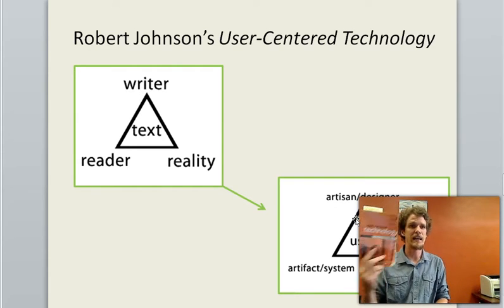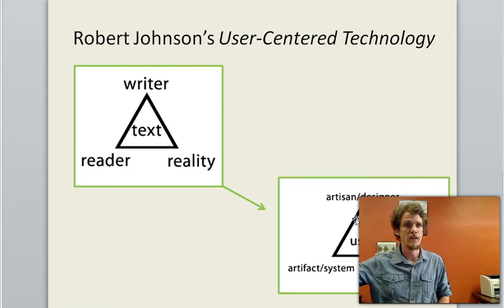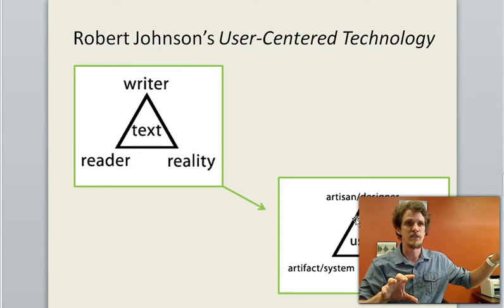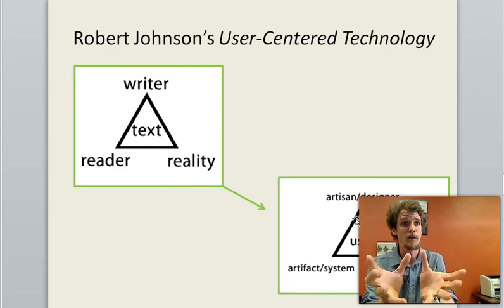So we can take ourselves out of the English department and put ourselves into a computer science department. We can put ourselves into business questions. We can stick ourselves in art departments, etc.